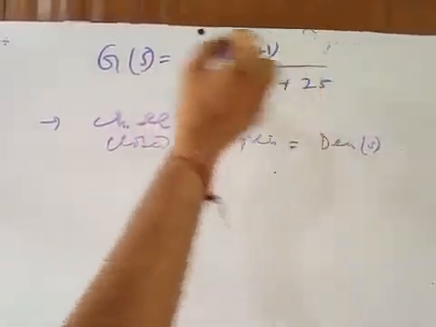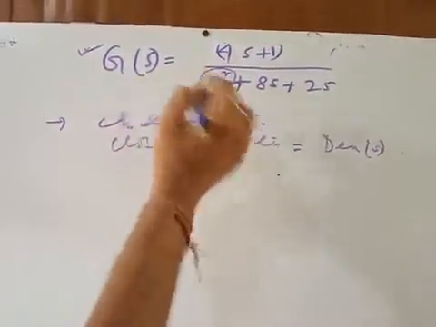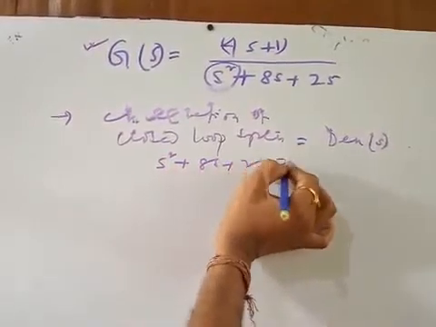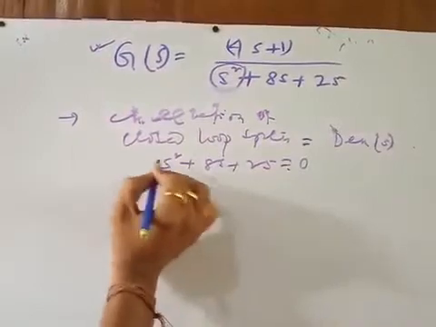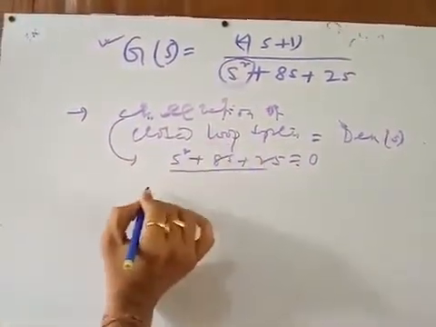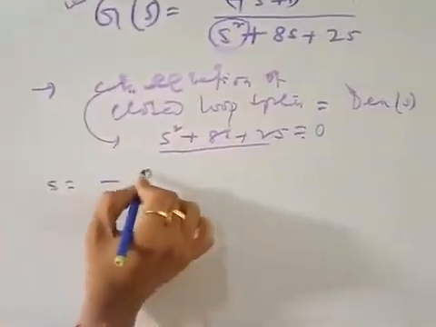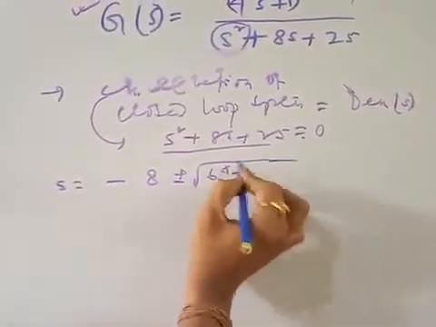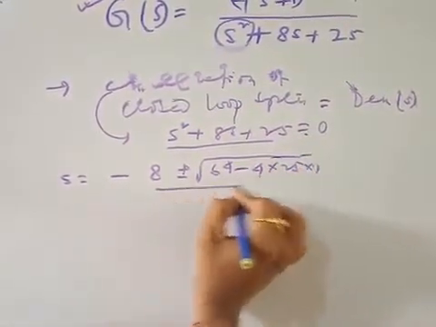In this case, if you consider this transfer function, this is a second order system and the denominator is s square plus 8s plus 25. If you make s square plus 8s plus 25 equal to 0, this will be your characteristic equation. There are two roots. If you solve it using the quadratic formula, s is equal to minus b plus minus root over b square minus 4ac, that is minus 8 plus minus root over 64 minus 4 into 25 into 1, divided by 2.